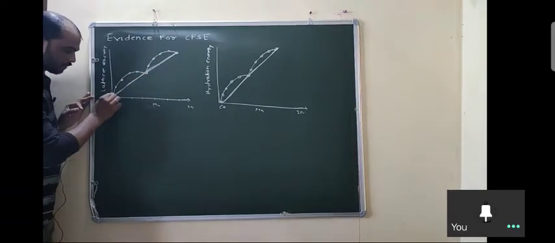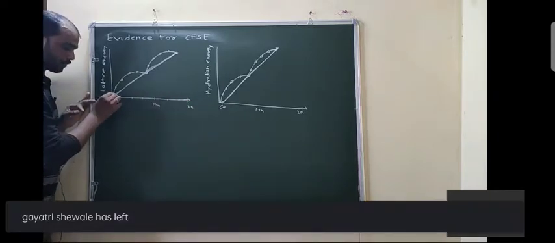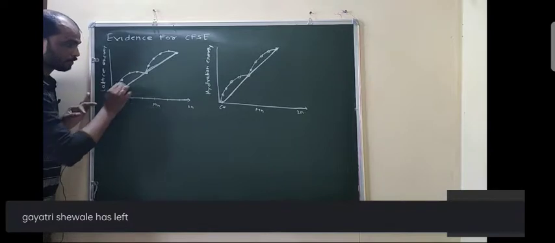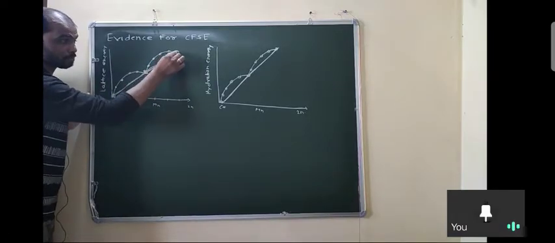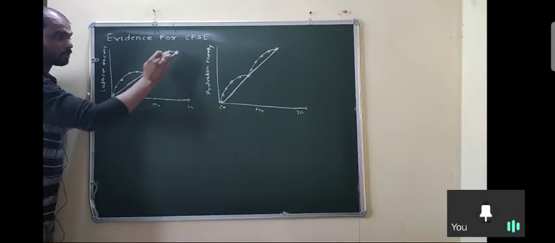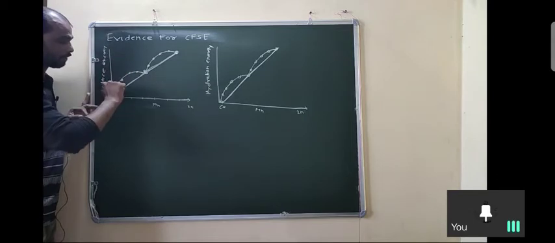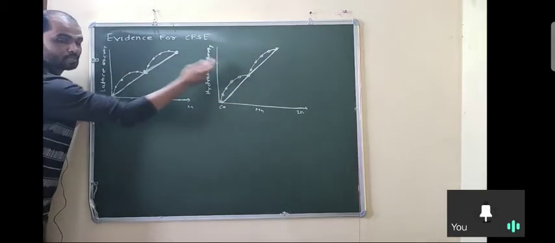Here the first point is on the line, one spot in the middle is also on the line, and the last spot is also on the line. Why are only three spots on the line and the remaining are above the lines? Here also the remaining are above the line.